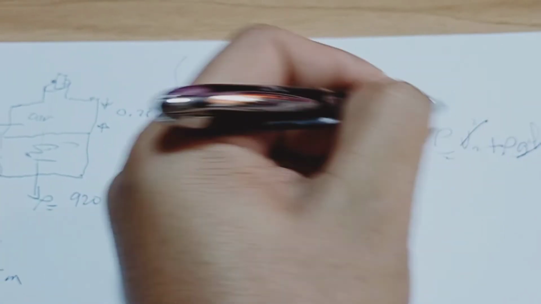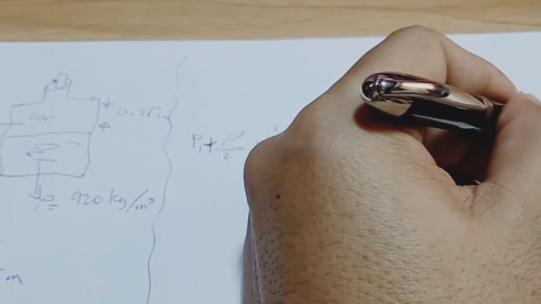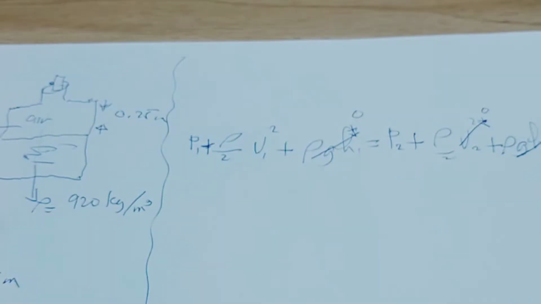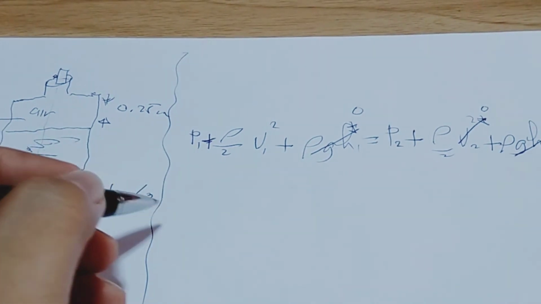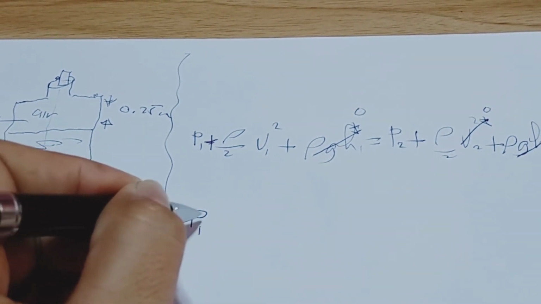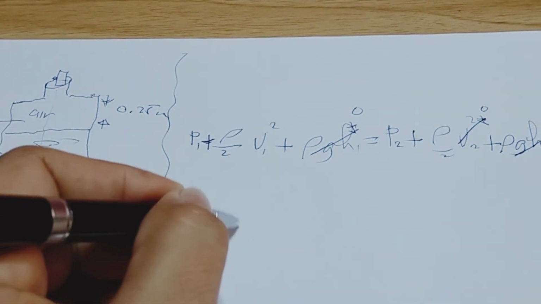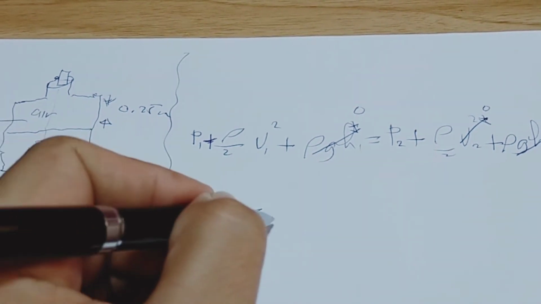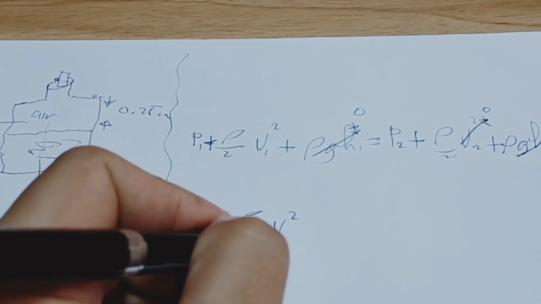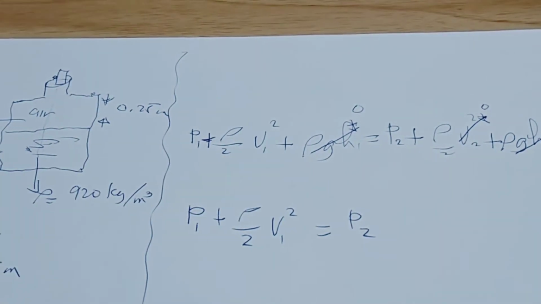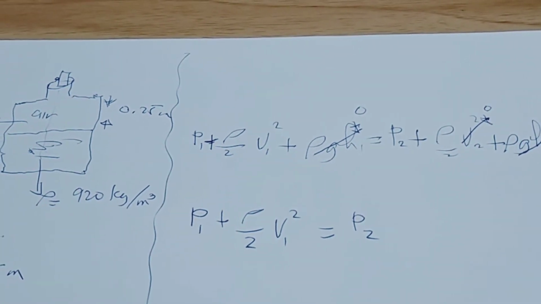At ang ating velocity dito ay equal to 0 din. So, ang natira na lang, P sub 1 plus rho over 2 V squared sub 1 is equal to P sub 2. Yan na lang natira.